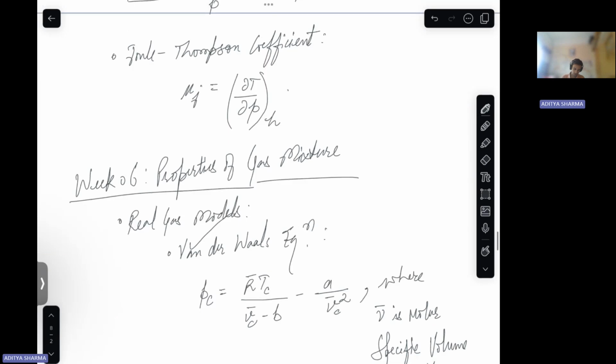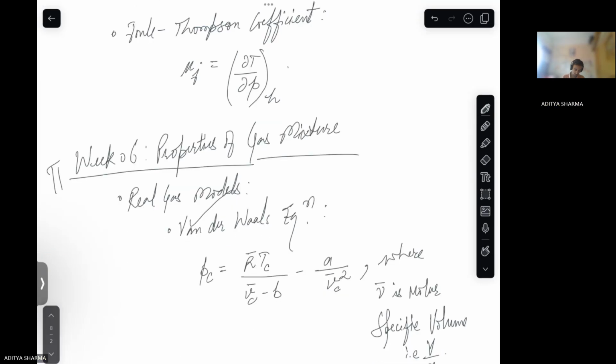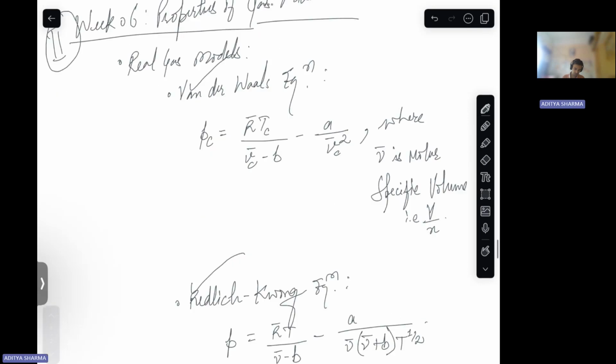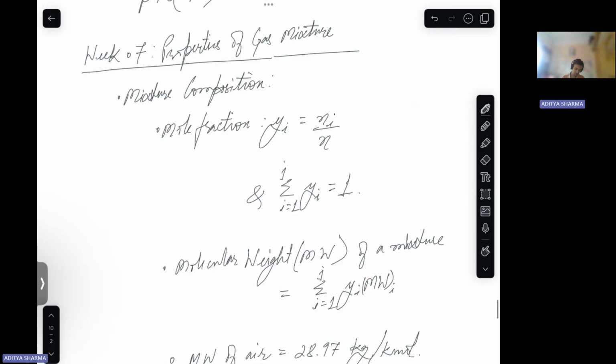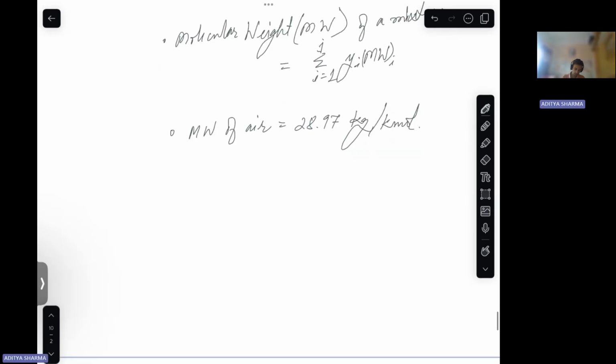Then this is section 2. Then we are at section 3 of this course. Now section 3 is on combustion.